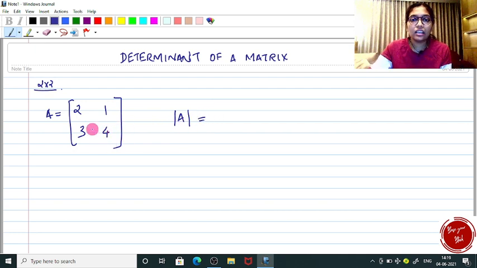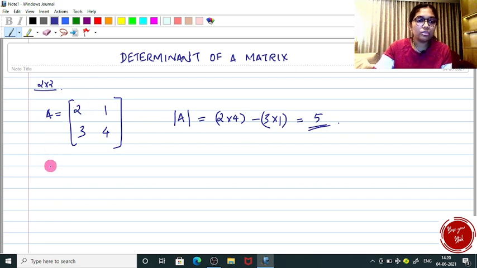Take the product of the elements in the principal diagonal. 2 and 4 are the numbers in the principal diagonal. So 2 into 4, minus the product of the other numbers, 3 into 1. Got it? This is how you take the determinant for a 2 by 2 matrix. 2 into 4 is 8, minus 3, is equal to 5. That is the value.